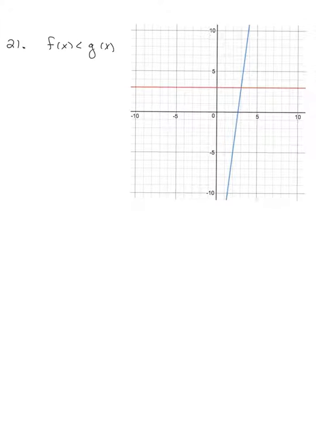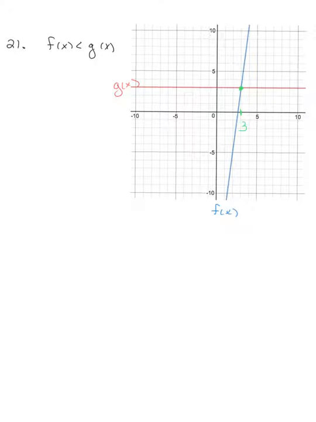For f of x is less than g of x, again, I see these two graphs meet here, and that's at 3. So whatever the answer is, it's got to be either less than 3 or greater than 3. Let's see. g of x itself is 3, and that means it's the horizontal line. So here's g of x. Whereas f of x has a slope of positive 8, so clearly the blue one is f of x.